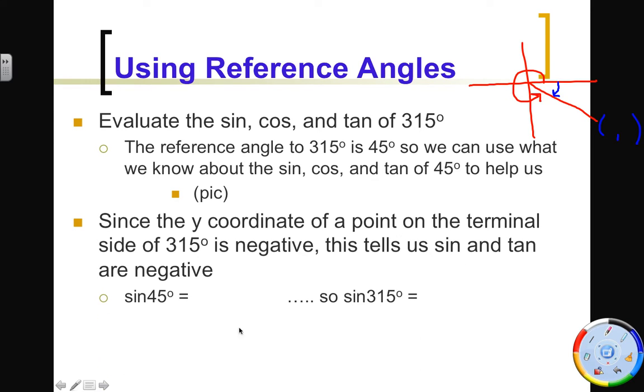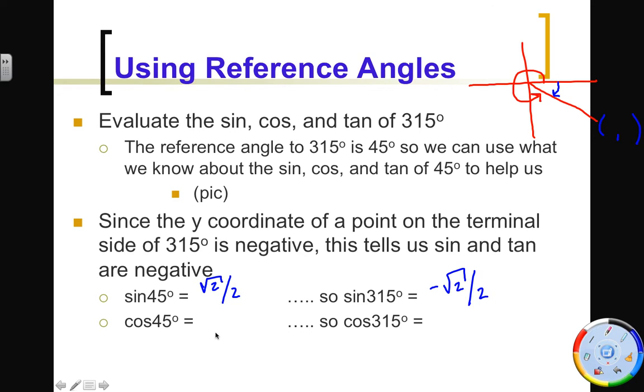So here's what I want to think about. Sine of 45 degrees is root 2 over 2. But because we're in quadrant 4 and the y-coordinates are negative, sine is negative at 315.